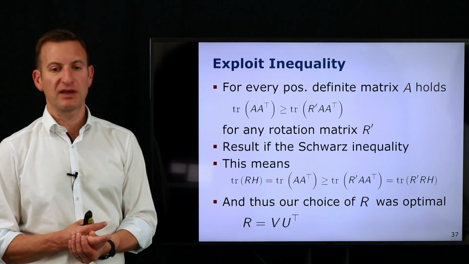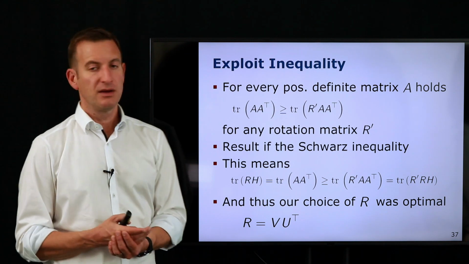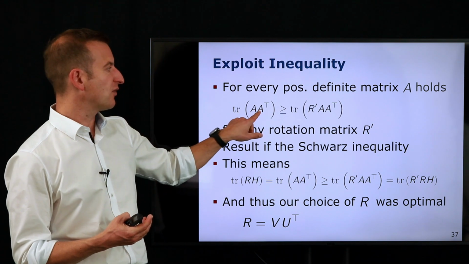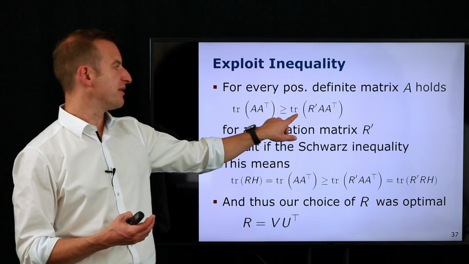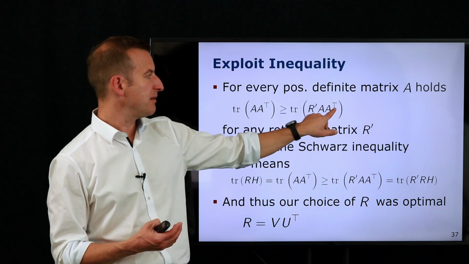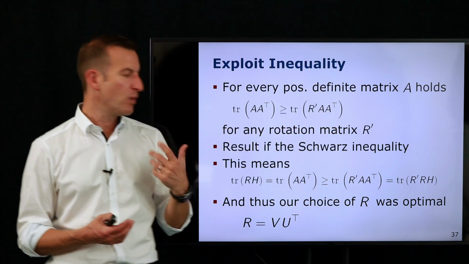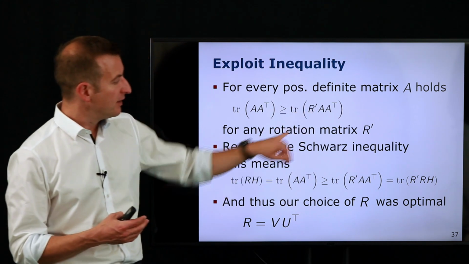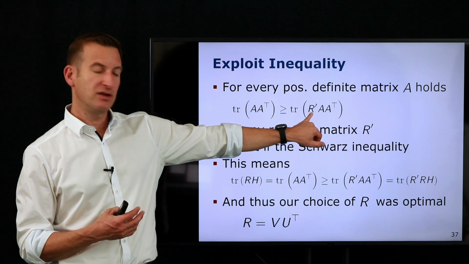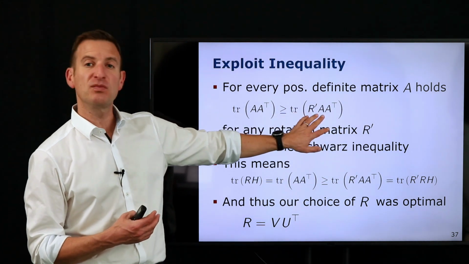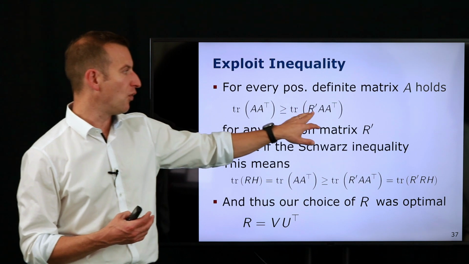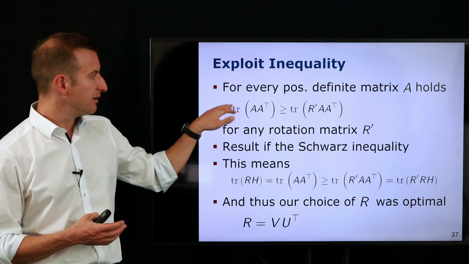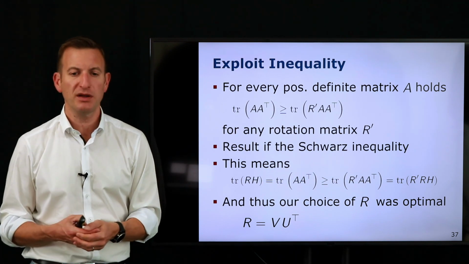What I can now do is exploit an inequality that holds for every positive definite matrix A: the trace of A A transposed is always larger or equal than the trace of exactly the same matrix multiplied here from the left-hand side with an orthonormal matrix, so for us a rotation matrix. By adding a rotation matrix in this term, this trace will be smaller or equal than this trace. This holds for all rotation matrices R prime out there, and this is actually a result of the Schwarz inequality.